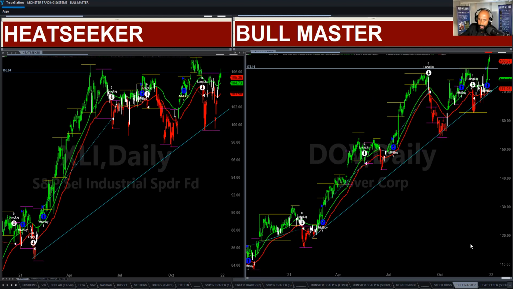Also, what I've noticed here is that the run-ups last about 2 to 2.5 months from the buy signal. There's no guarantee, but about a couple of months. So when you do your options, just keep that in mind.